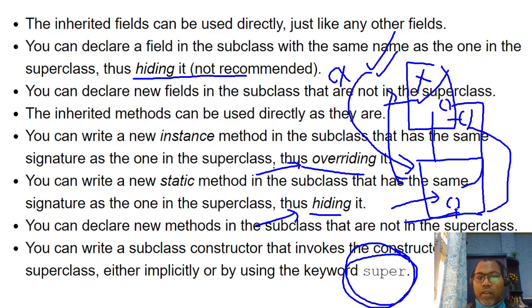Whenever you define the same instance method in a subclass, similar to one defined in the superclass, it is known as method overriding. If you define a same-name static method inside your subclass, it is known as method hiding. You know, a static method is generally preferably invoked from a class name, and an instance method is preferably invoked from an object.